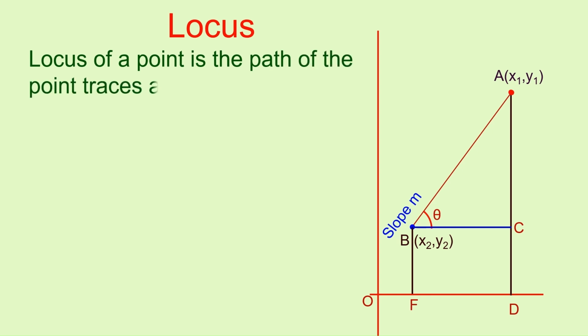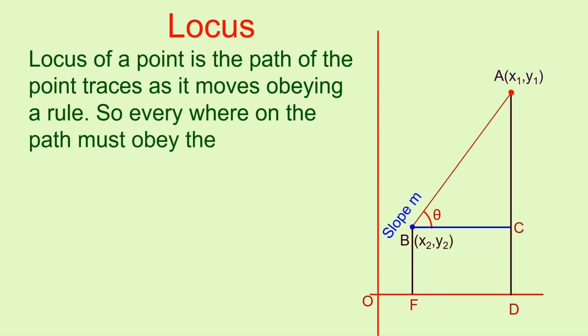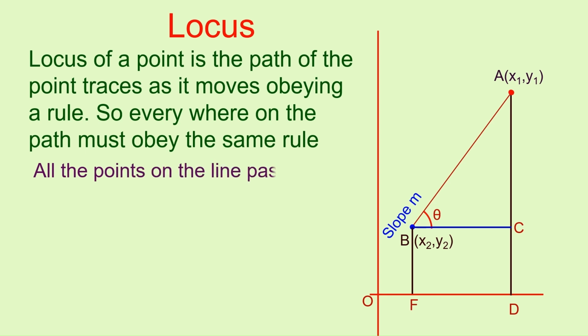The locus of a point is the path the point traces as it moves, obeying a rule. So everywhere on the path the point must obey the same rule.